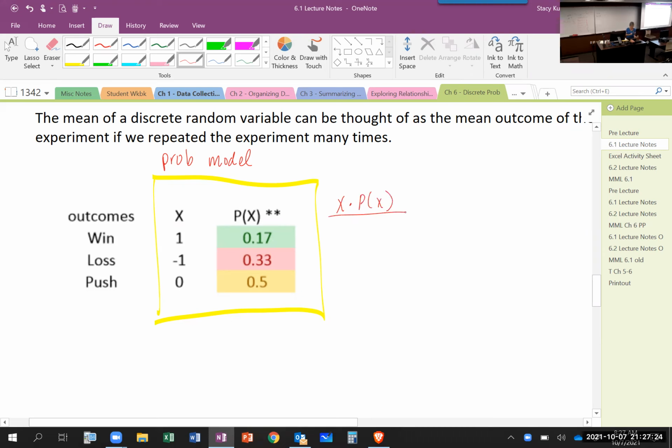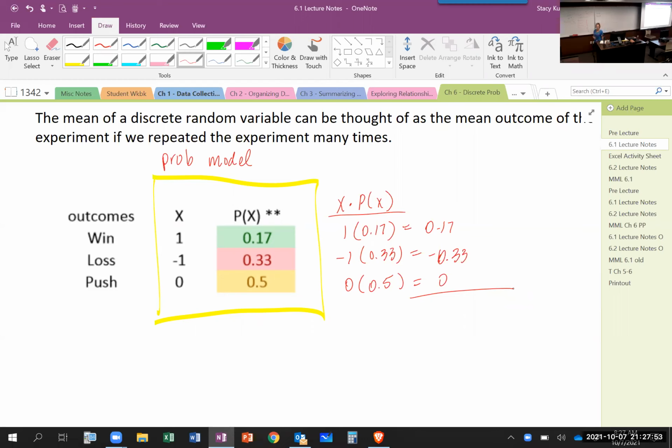In other words, I'm going to take 1 and multiply it times 0.17. I'm going to take -1 times 0.33 and 0 times 0.5. So I would have 0.17, -0.33, and 0 when I multiply those together. Now, what does the formula tell me to do?